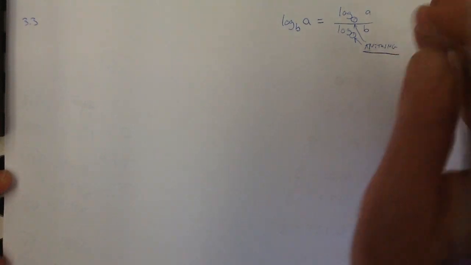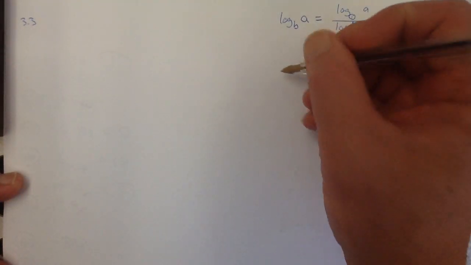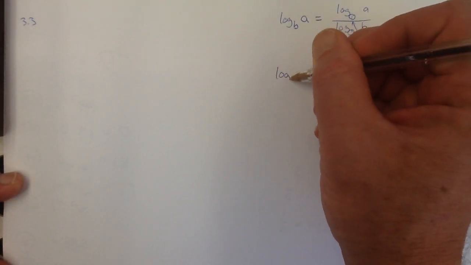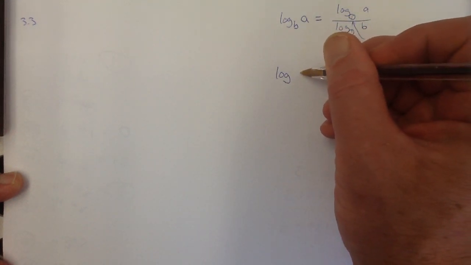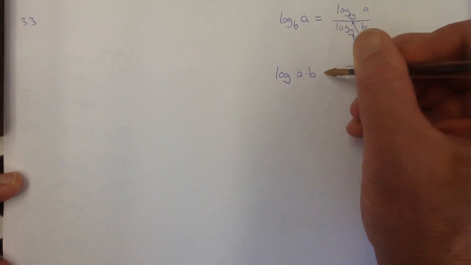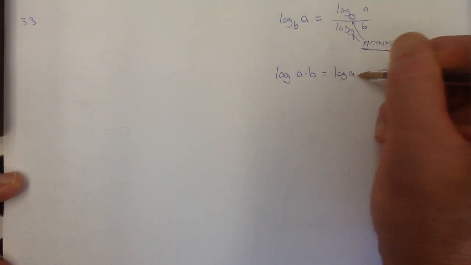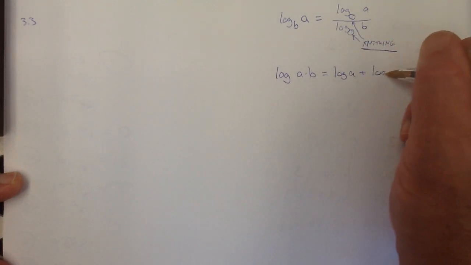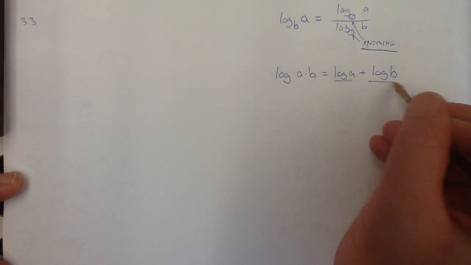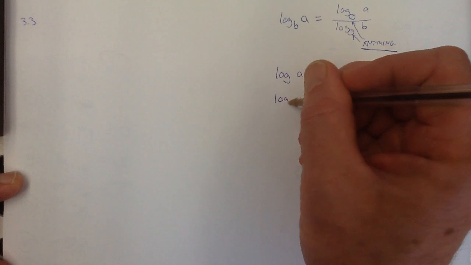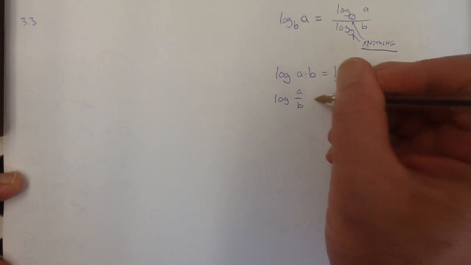And then the other ones, we have a property that says if you have the log, doesn't matter what the base is, of a times b, that's equal to log a plus log b. That multiplication splits up into addition. This is just a quick review of things you have in your notes.